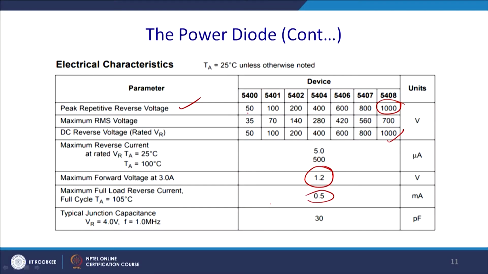So, it gives you a considerable drop, and we have a leakage current of around 0.5 milliampere, and a junction capacitance in the range of 30 picofarad at 1 megahertz.